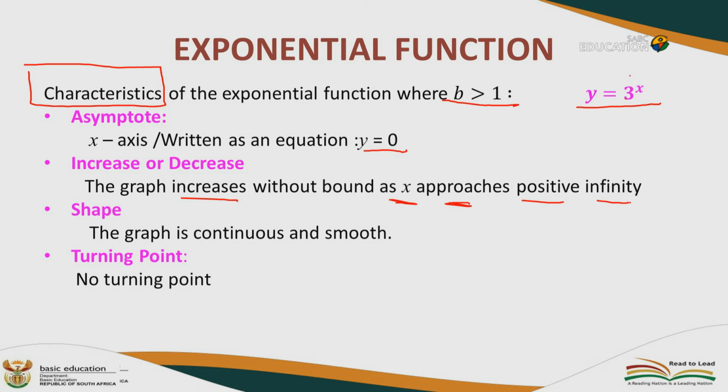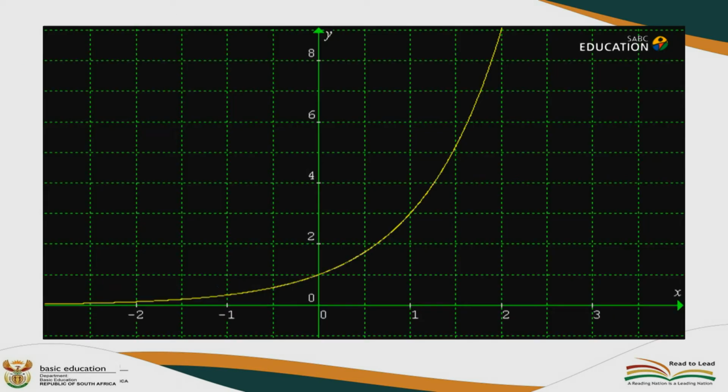The shape is a continuous smooth graph. Now, turning point: no turning point. Very important. You should remember that an exponential graph will not have a turning point. There we are. Now that is our graph.